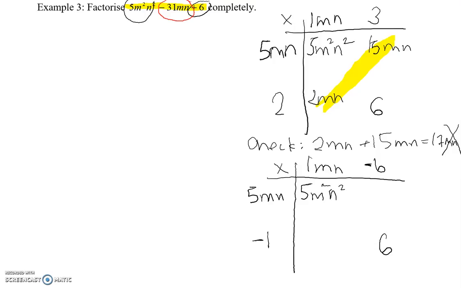Now let's try to multiply these terms. So 5mn times negative 6 gives us negative 30mn. Negative 1 times mn gives us negative 1mn.